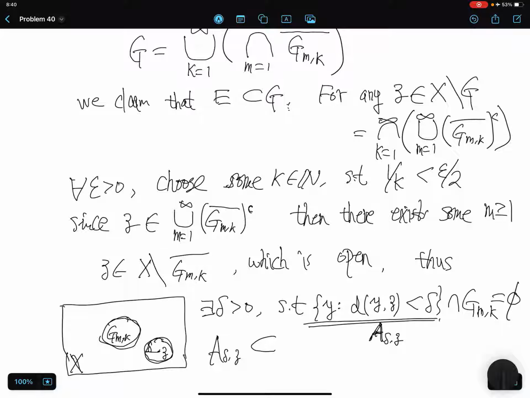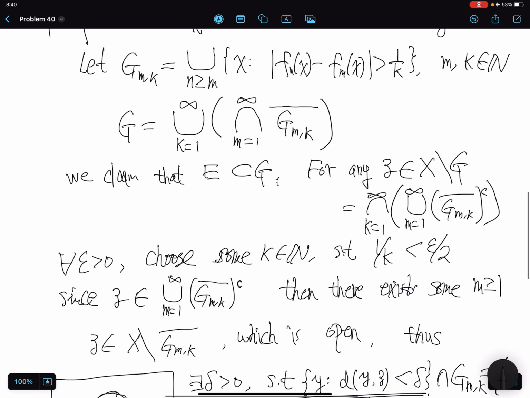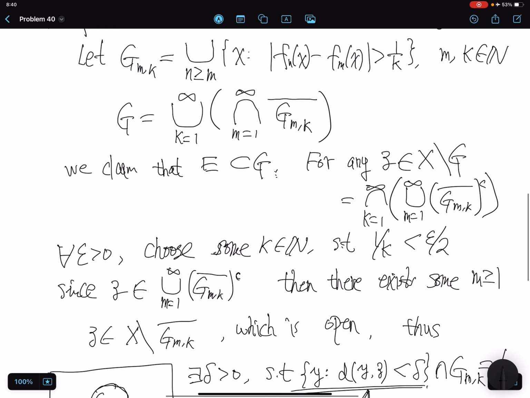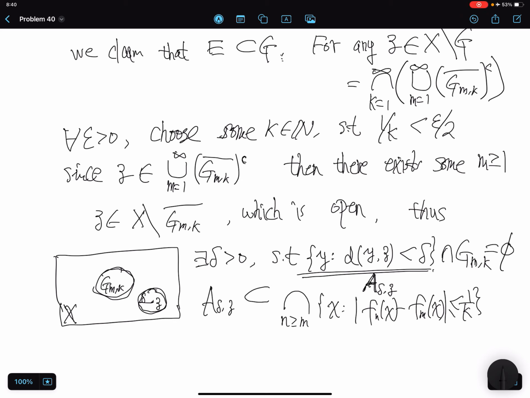This set A is in the complement of G sub M K, so it must be in the set of all x for which the absolute value of f sub n of x minus f sub m of x is less or equal than 1 over K. If you take the complement of G sub M K, the union flips to an intersection, and greater or equal than 1 over K becomes less or equal than 1 over K. So this set is a subset of this.